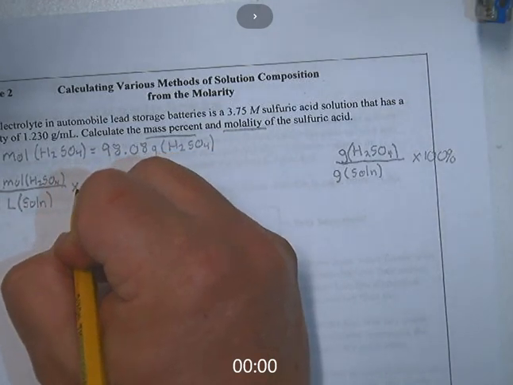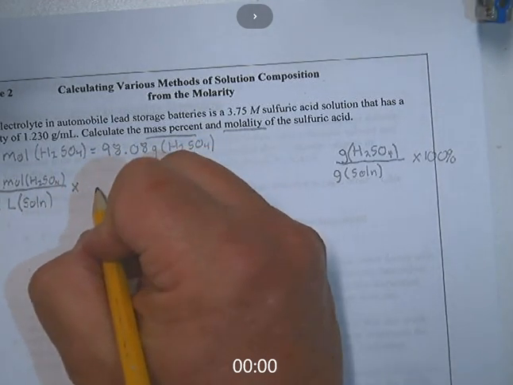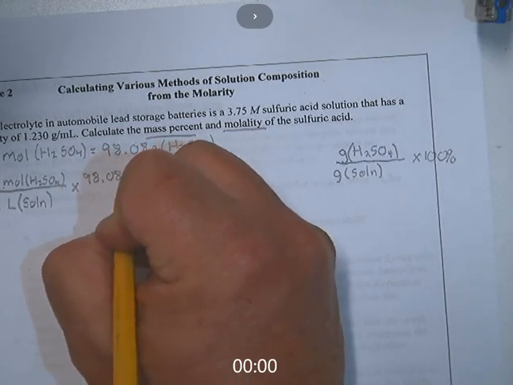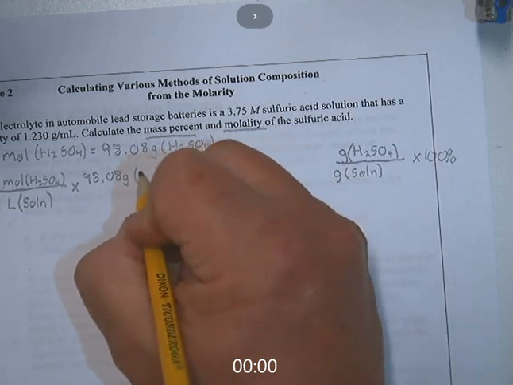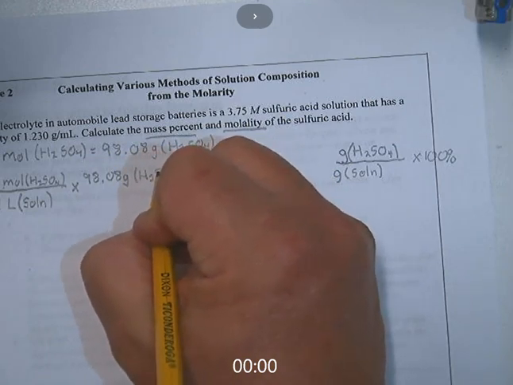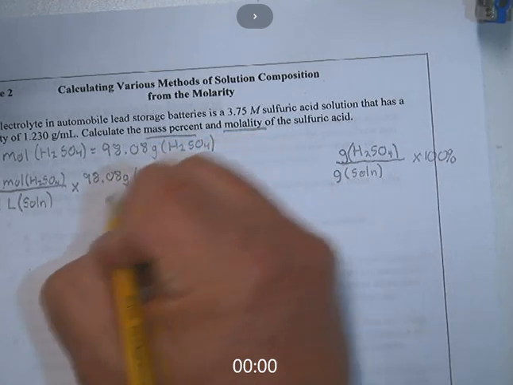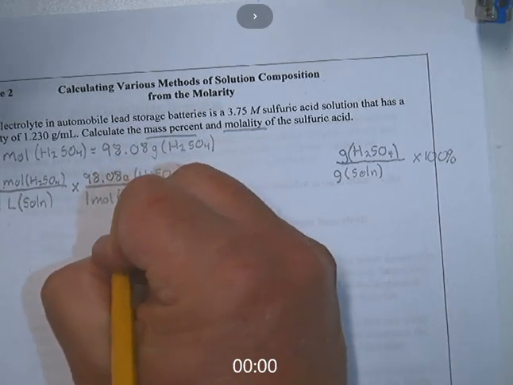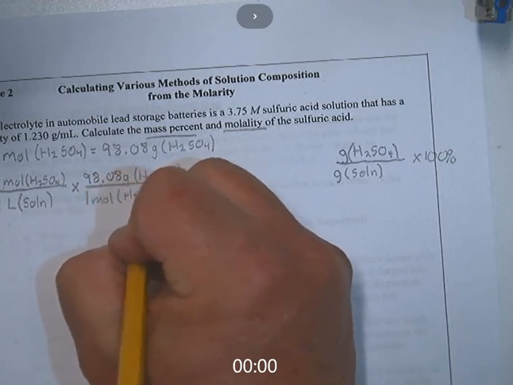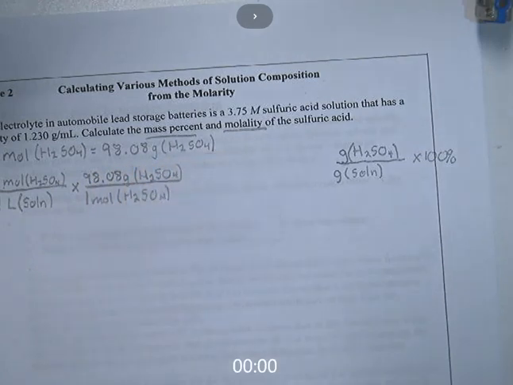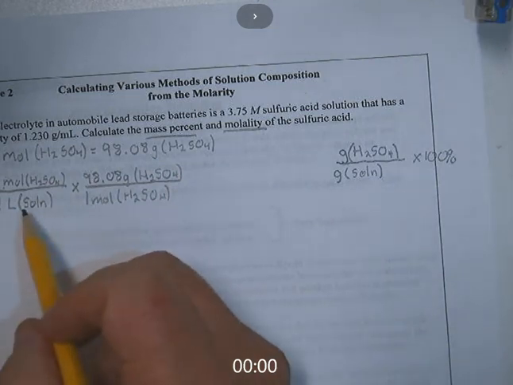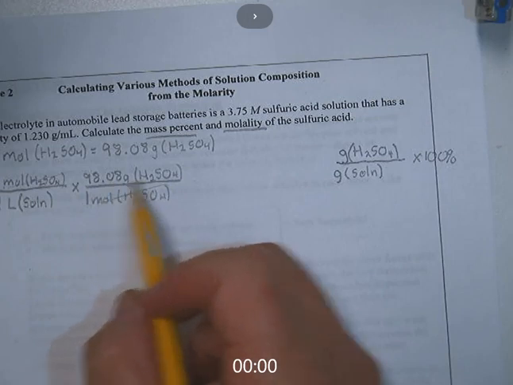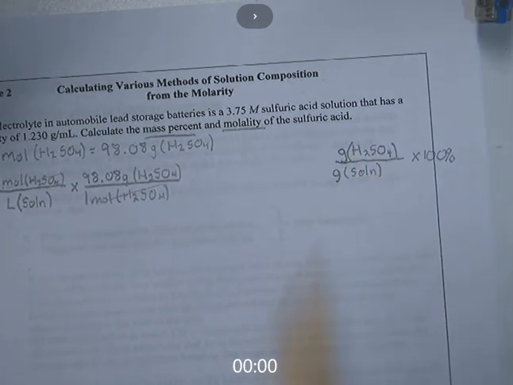We've been doing it all semester, okay? So what you have is 98.08 grams of H2SO4 for every 1 mole of H2SO4. Okay, good. So now the moles of H2SO4 cancels, and we have grams of H2SO4 on top, which is what we want.